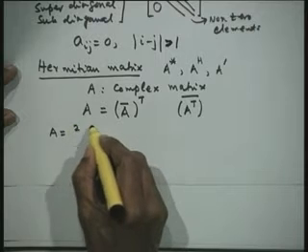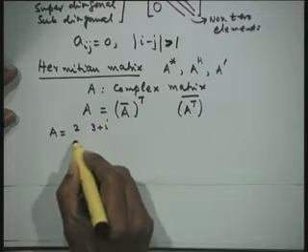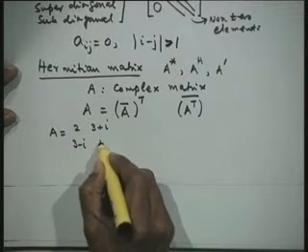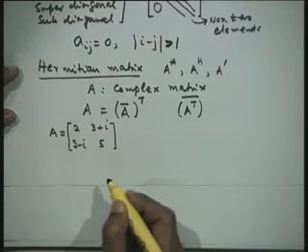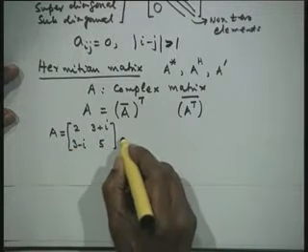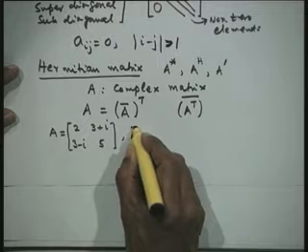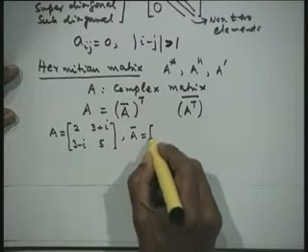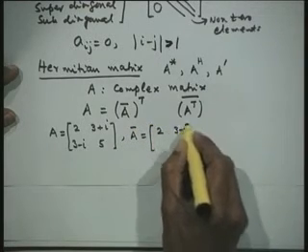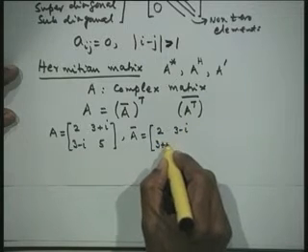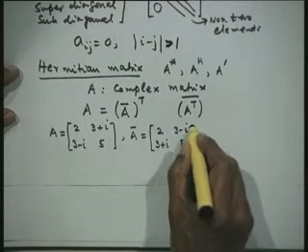Now let us take an example like A is equal to 2, 3 plus i, 3 minus i, 5. Then I can construct its conjugate, that is the conjugate of all the elements. This is 2, 3 minus i, this is 3 plus i, and this is 5.